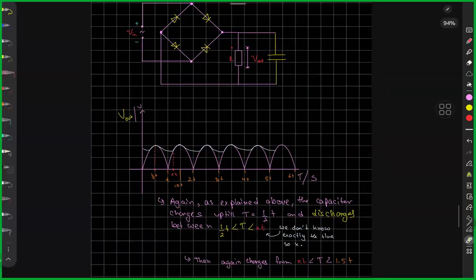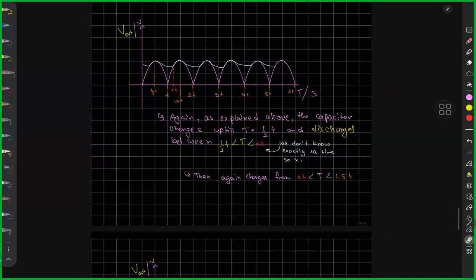So the same thing happens over here. Till this point, the capacitor charges, starts discharging, charges, starts discharging, and so on and so forth. Make sense? So in this entire process, again, the capacitor is charging and discharging.